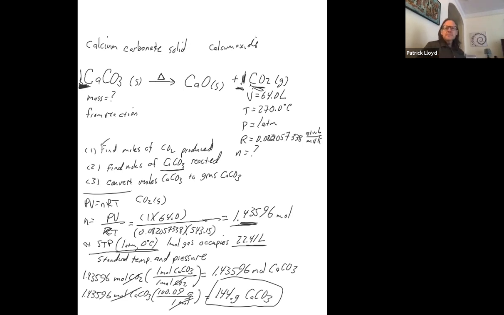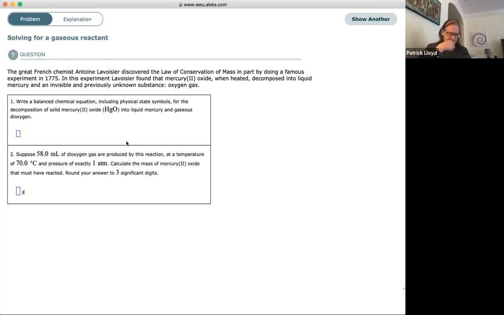So let me do one more. Okay. Solving for a gaseous reactant.